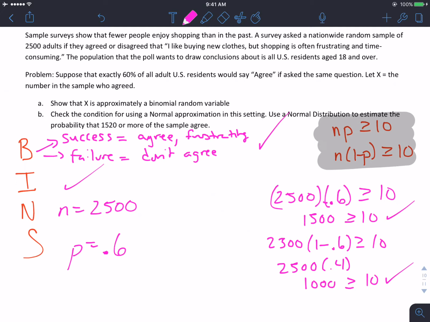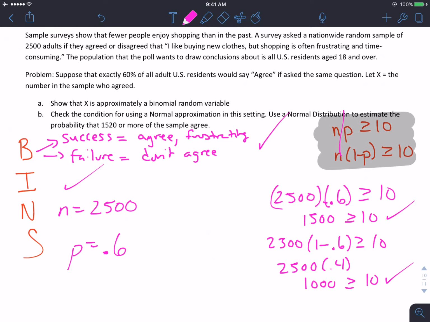So the next thing we need to do is, we checked the conditions for using normal approximation in this setting, and now we're going to use a normal distribution to estimate the probability that 1,520 or more of this sample agree.